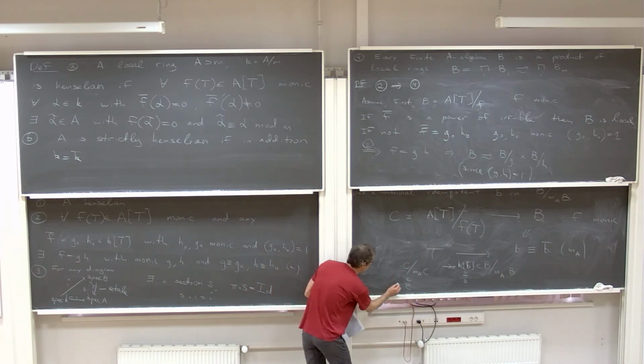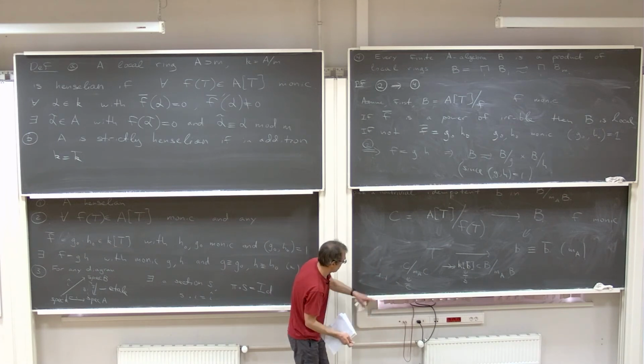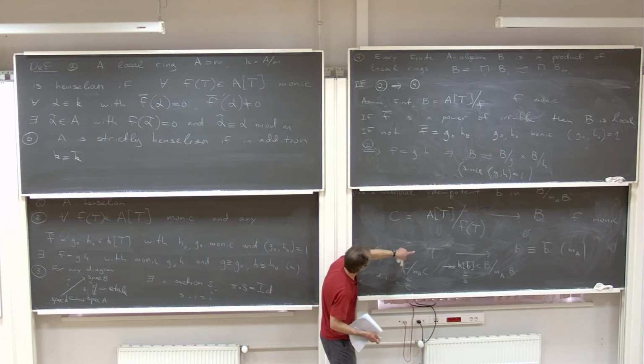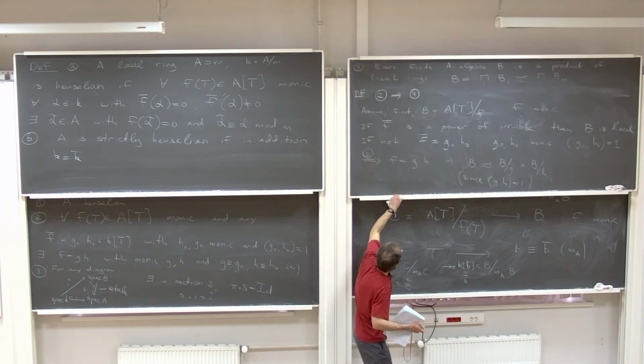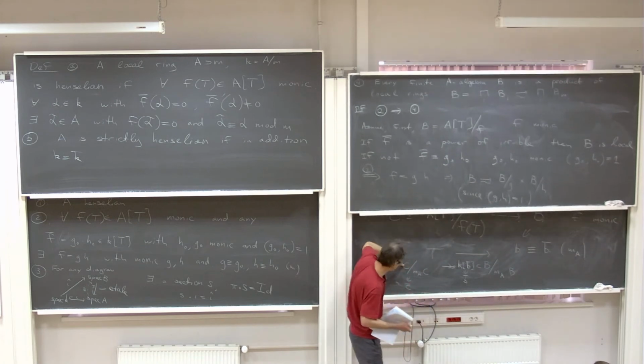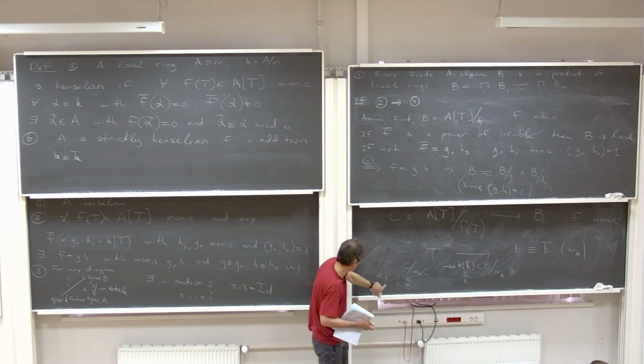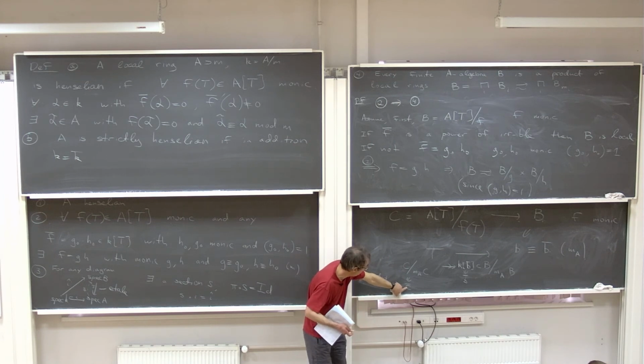And then this C is already of this type, right? And I know that my C is a product of local rings. So that means that every idempotent can be lifted to an idempotent of C.